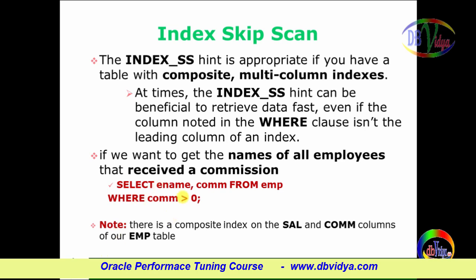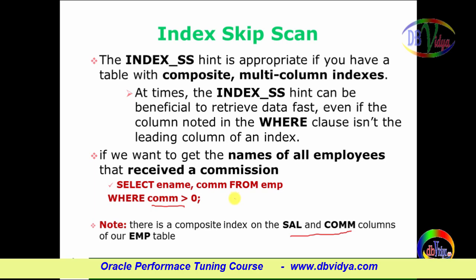Suppose you select ename, commission from employee, where it is represented by INDEX_SS. It is used only for composite, multi-column indexes. Obviously, to skip you need a composite index. So if you have an index on salary and commission, but I am using only commission here, it will skip the salary part and try to use the index.